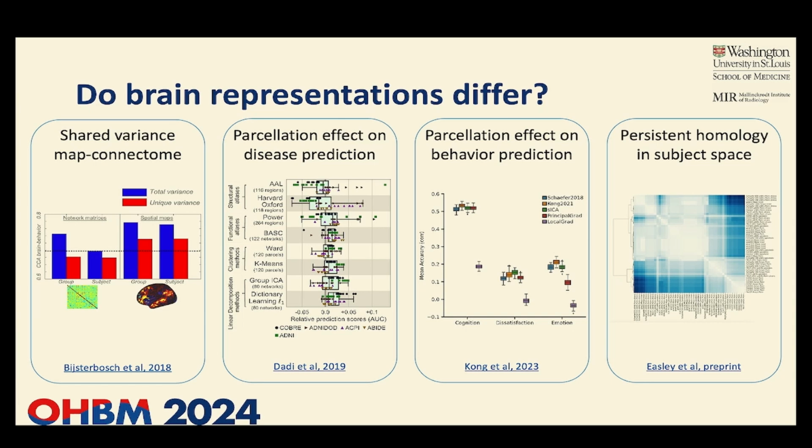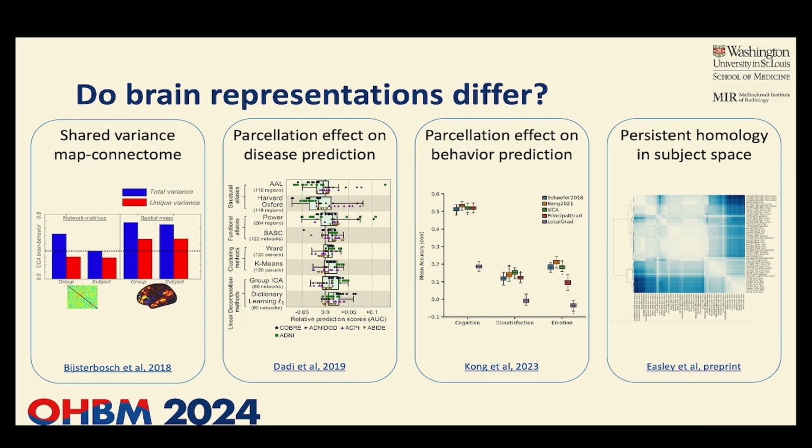And then right at the end is some more recent work from my lab. This is not a matrix of nodes by nodes, but a matrix of brain representations by brain representations. Again, you can see there's quite a lot of white, bright colors here, showing that these brain representations don't differ particularly strongly in terms of the homology or the subject space that they're inducing.